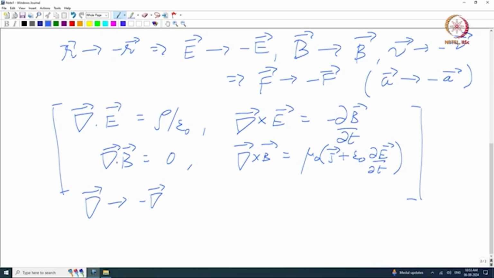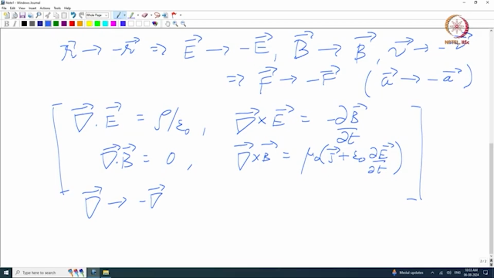In the third one, on the left hand side, the grad has flipped sign, the magnetic field hasn't, but that's okay because the right hand side is 0, so it's still fine. And finally in the last equation, magnetic field hasn't flipped sign, the grad has flipped sign, but on the right hand side both the current and the electric field flip sign under R. So we are good.